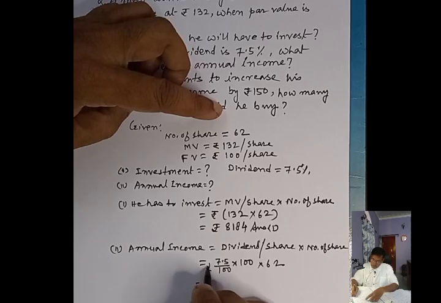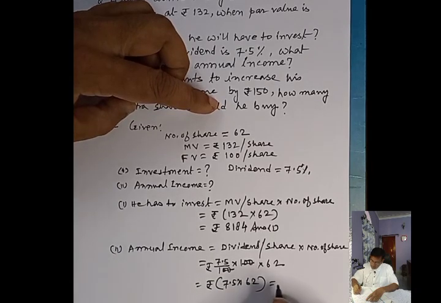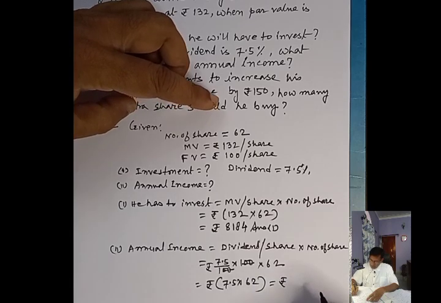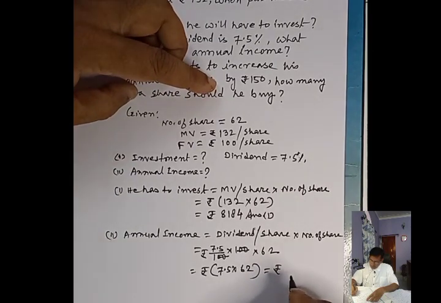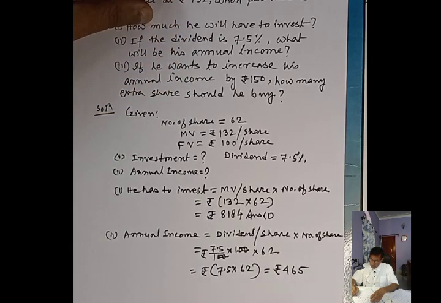It comes as 7.5 into 62. After multiplication, we will get 465. This is the answer.